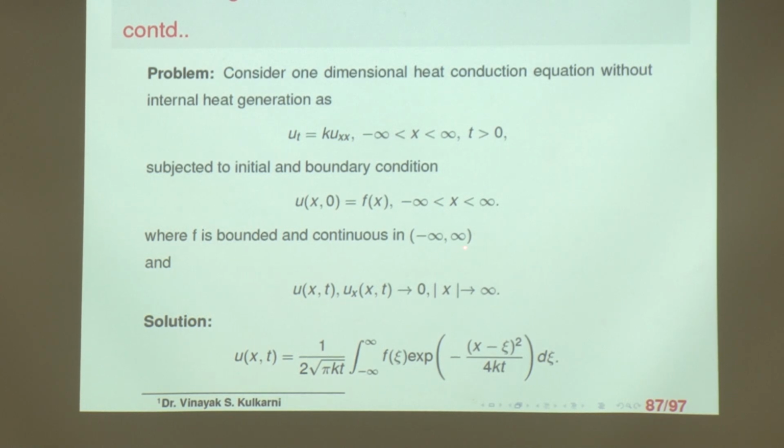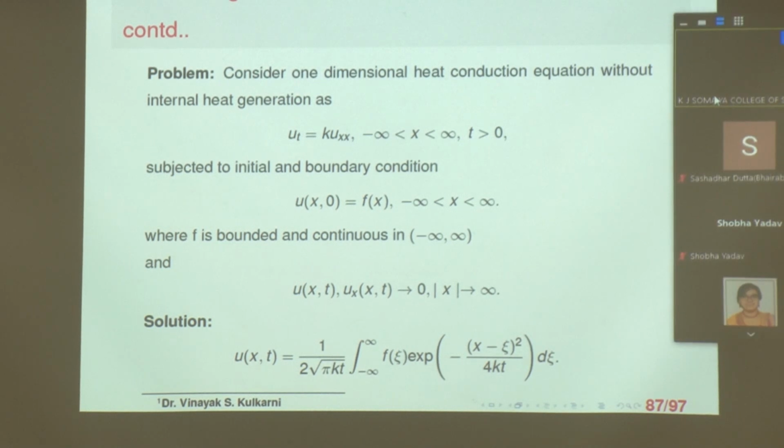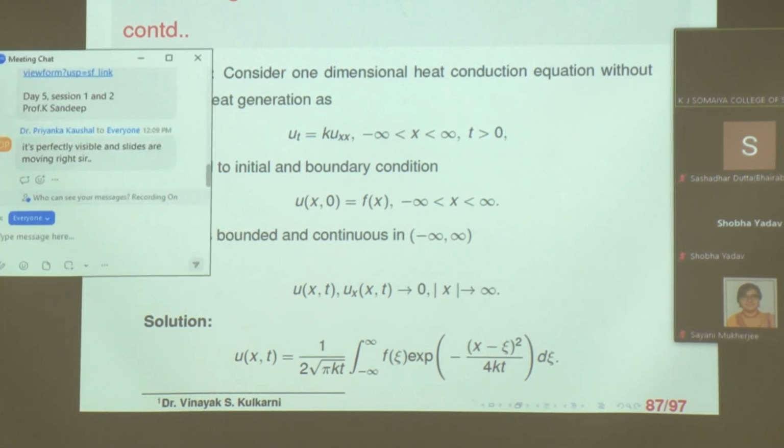This problem we have already solved, and the solution with the help of the Fourier transform was like this. Now the problem under consideration is also similar to this one. The only thing is that we are discussing the problem in the neighborhood of tau, and therefore in this particular solution t is replaced by t minus tau. That is the only change, otherwise everything is the same. That's why I will not go into detail. Okay, you just go back.